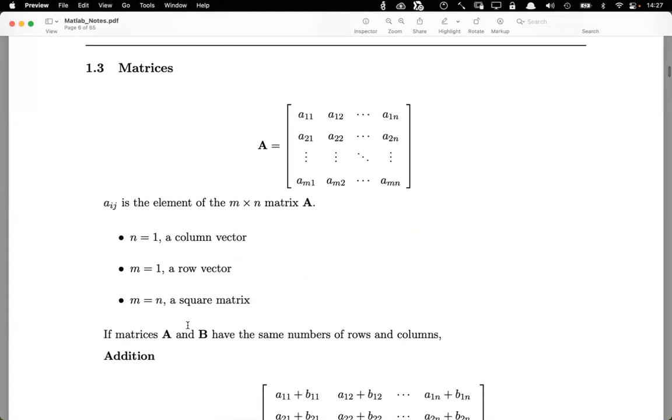Okay, for a matrix, as we said before, in MATLAB a variable is a matrix. Usually for a matrix like this, matrix A has M rows and N columns. So this is row 1, row 2, until row M. For the columns, column 1, column 2, column 3, until column N. Each element has two subscript numbers.